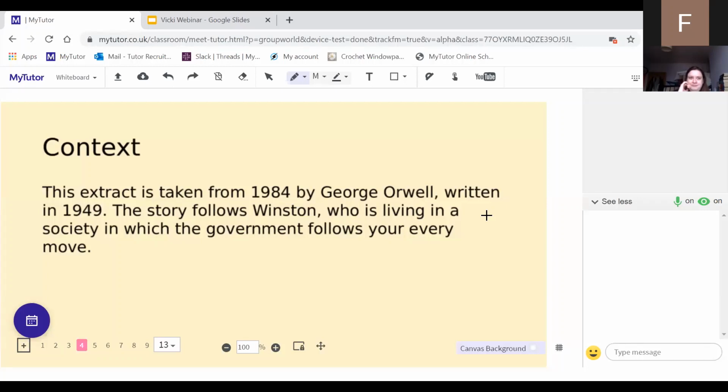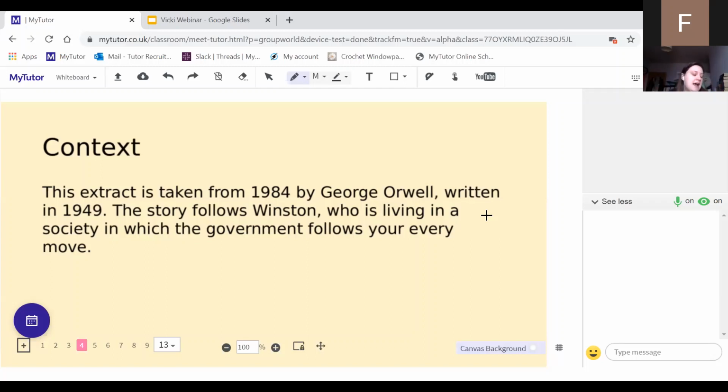So the phrase Big Brother, so the TV programme where we watch celebrities for 24 hours, I don't know, I've never watched it, where we watch people sort of just live in a box. The phrase Big Brother comes from this book, so the idea that you are being watched constantly and everything that you do is being picked up and monitored by the government. So quite scary stuff. But it is a really interesting book, a really good read.